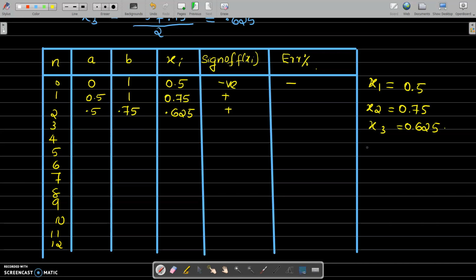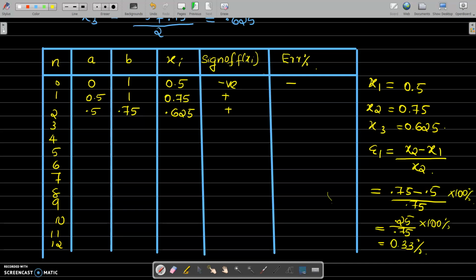The calculation is given by epsilon r, here epsilon 1. Epsilon 1 can be calculated using this equation, x2 minus x1 divided by x2. Using two values only we can calculate this error.